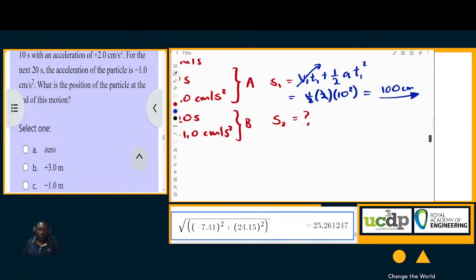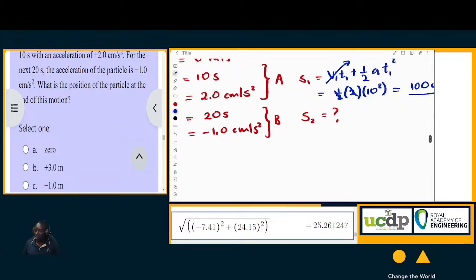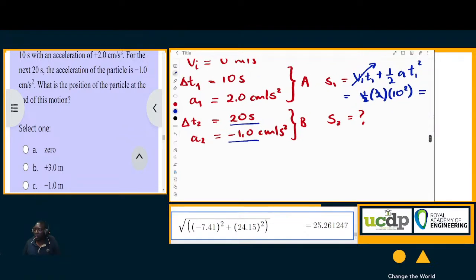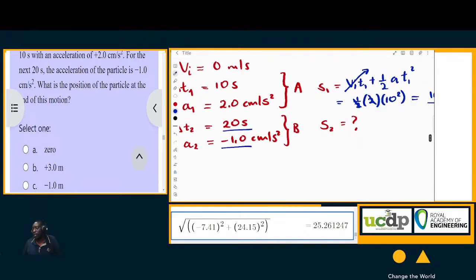Now part 2 of the motion, part B, where our time is 20 seconds and our acceleration is minus 1 centimeter per second squared. The question now is, can we use this same equation? Can we use this same formula?